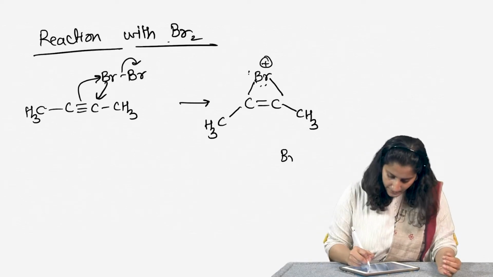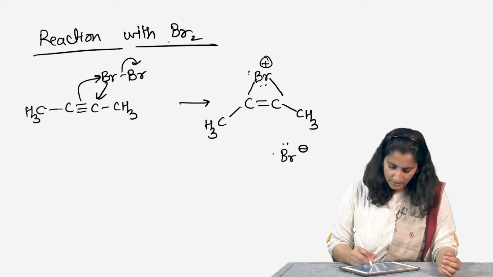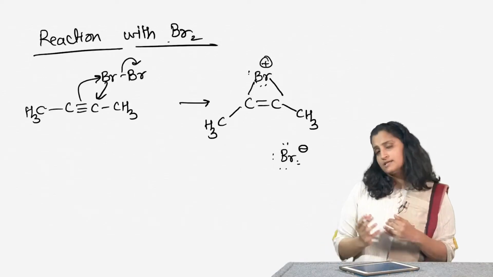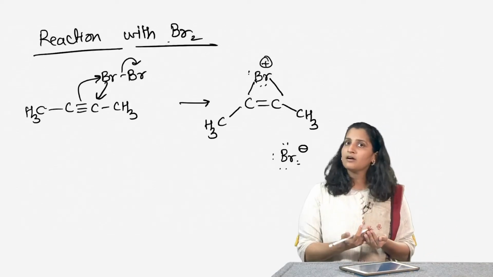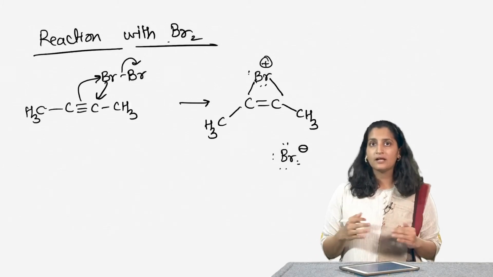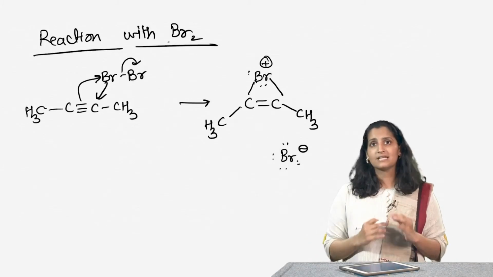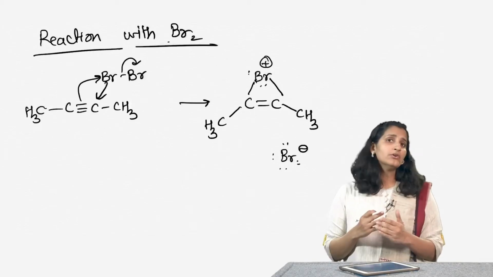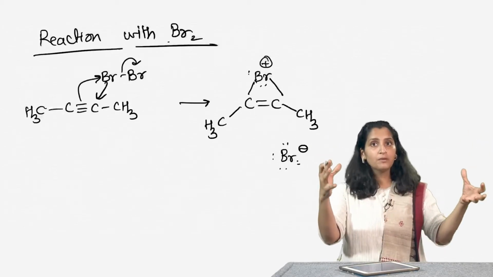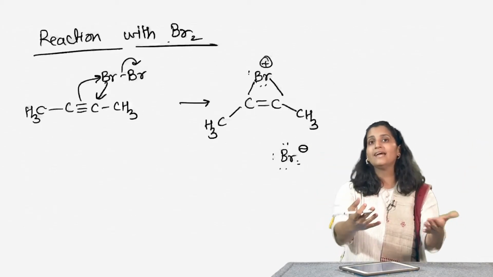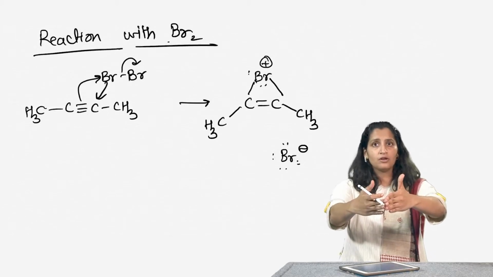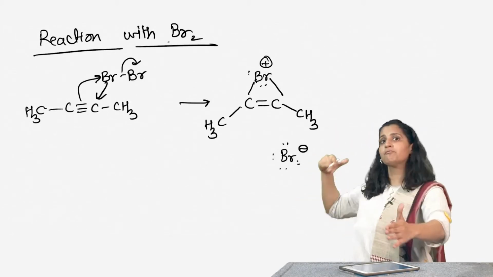What happens in the next step is that the bromide that escaped in the first step is going to come back and attack on that triangular bromonium ion. Now, it is going to prefer the side which provides it the least steric hindrance. So, it is not going to attack from that bulky bromine which is lying to the one end and forming this triangular bromonium ion, but come from the back side.